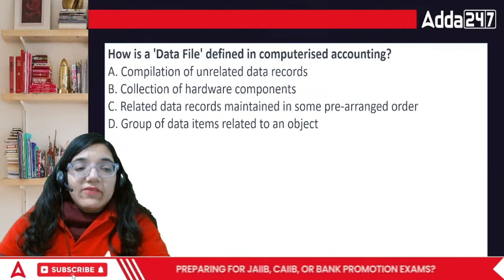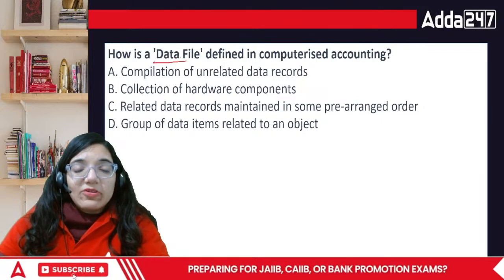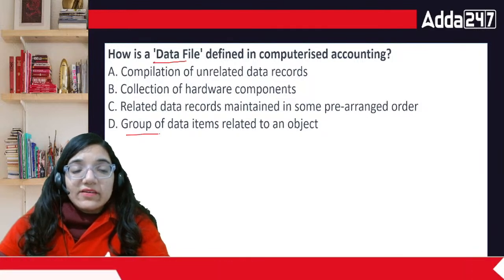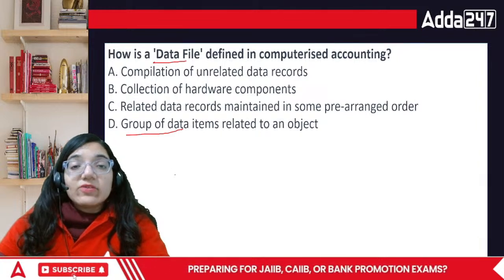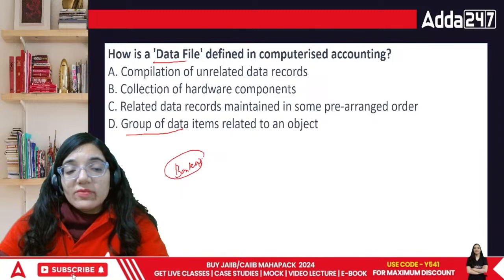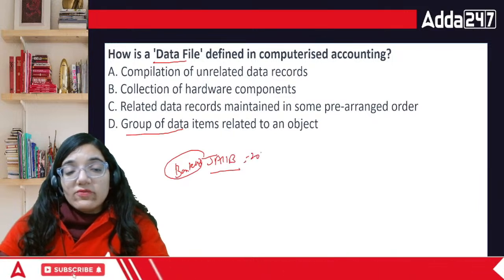When we talk about a data file, it is everything which is in a tabular form and it is connected. So can I say the answer is going to be group of data items which are related? A data file is basically if I have noted down the name of all the bankers who have enrolled in JIIB and who are going to appear in the 2024 May attempt.